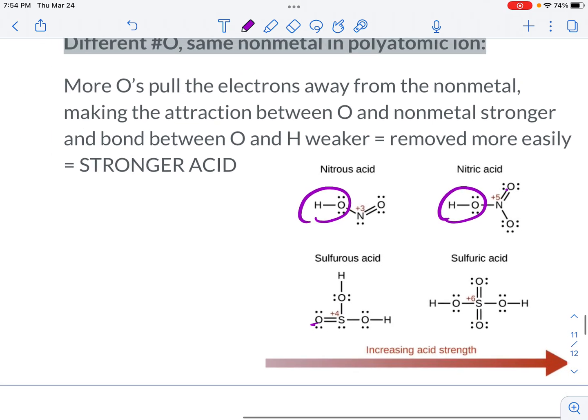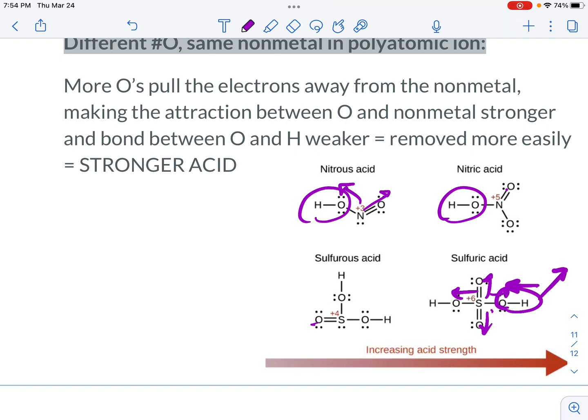If you have more oxygens attached to the center atom, the oxygens are always more electronegative than the center atom, and the electrons are pulled toward the oxygen and away from the sulfur, which delocalizes the electrons more and polarizes this bond more toward the oxygen, because the oxygen will be much more negative, making it easier for the hydrogen to come off.